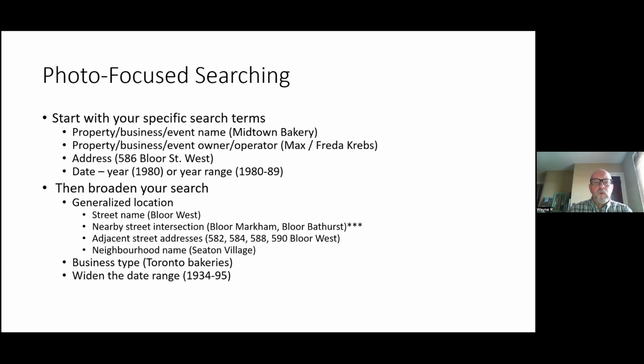Look for a more generalized location. So this could be a street name like Bloor West, a nearby street intersection, in this case, Bloor Markham, Bloor Bathurst, adjacent street addresses, 582, 584, 588, 590 Bloor West, and finally, a neighborhood name if you have it, in this case, Seton Village.